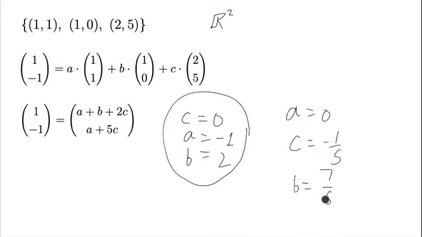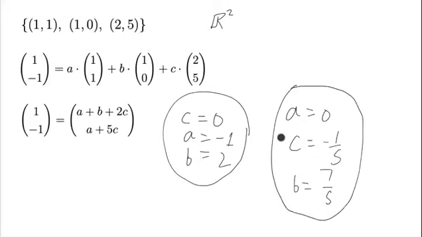Let me see if I did that right. So 7/5 must be 1, right? Okay, so that looks good. And then A is 0, and that's equal to -1. Looks good. Okay, so we have two different options right here.